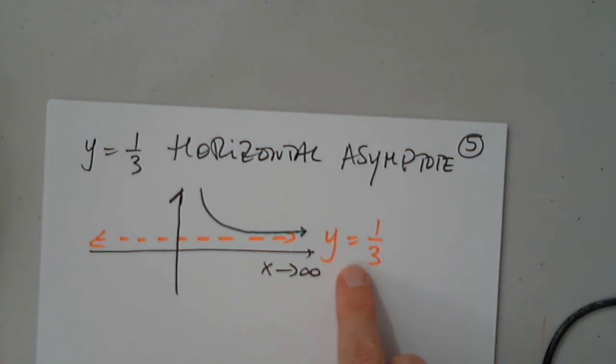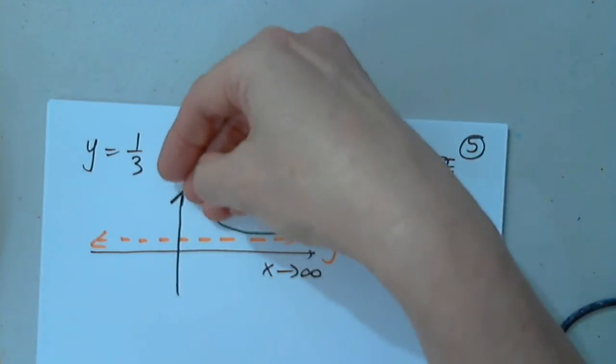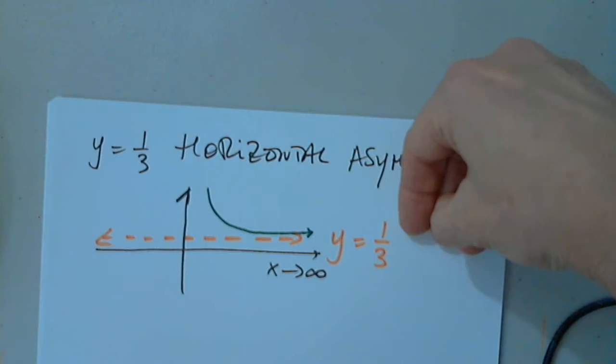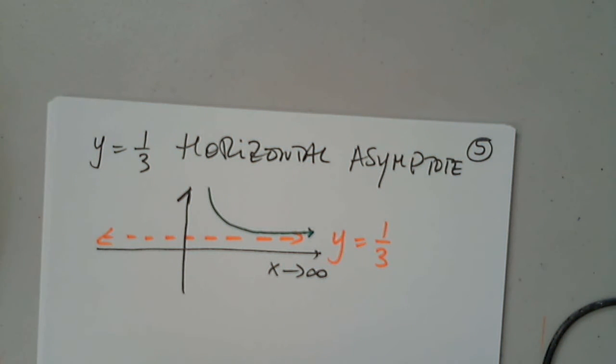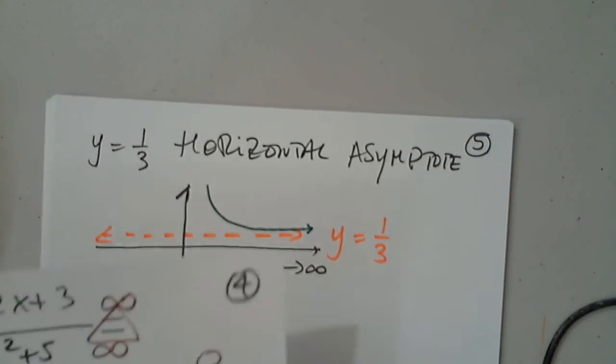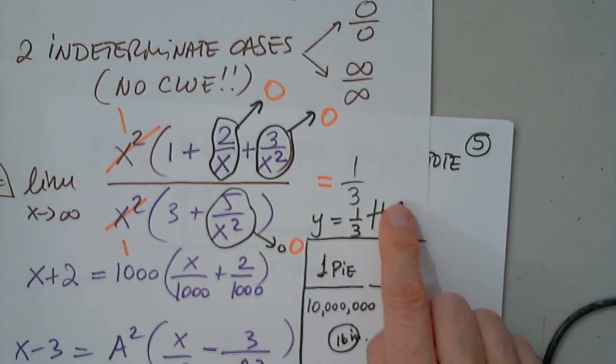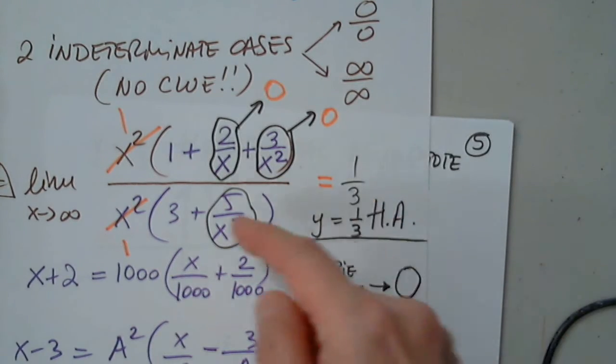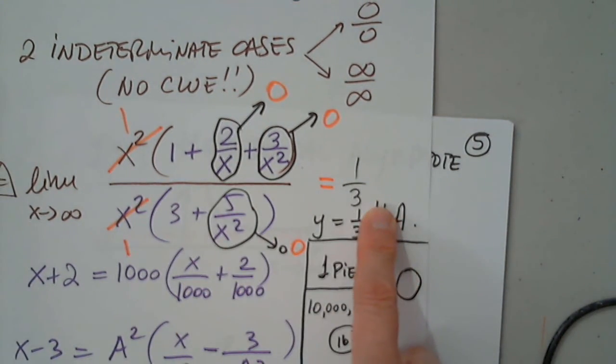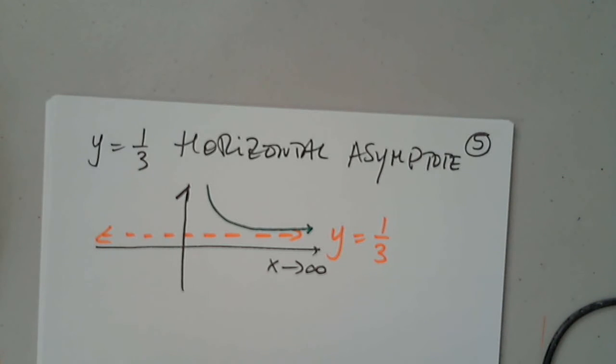As x approaches infinity, the function values get closer and closer to 1/3. We are not choosing. The limit chose for us. I can't choose this. It all depends on where I get. Is that better? Yeah. Perfect.